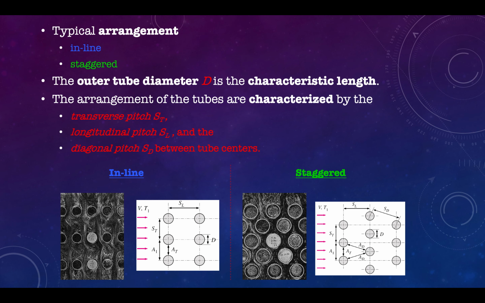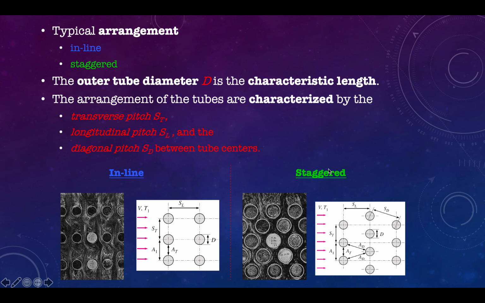There are two typical arrangements for tubes in a heat exchanger: one is inline, the second is staggered. You can see the figure below. In the inline arrangement the tubes are aligned with each other, while in the staggered arrangement the tubes are arranged like this.